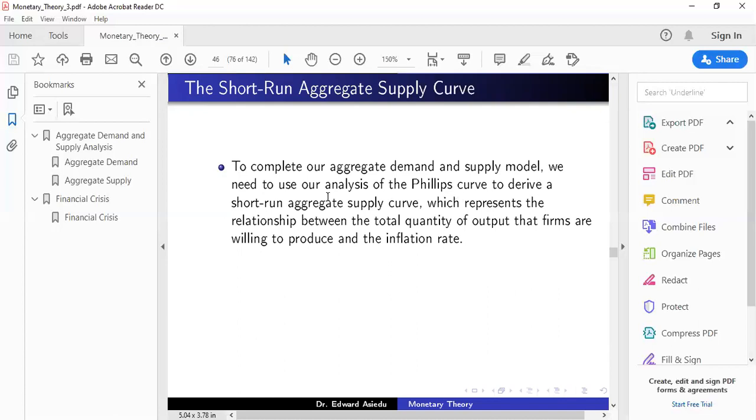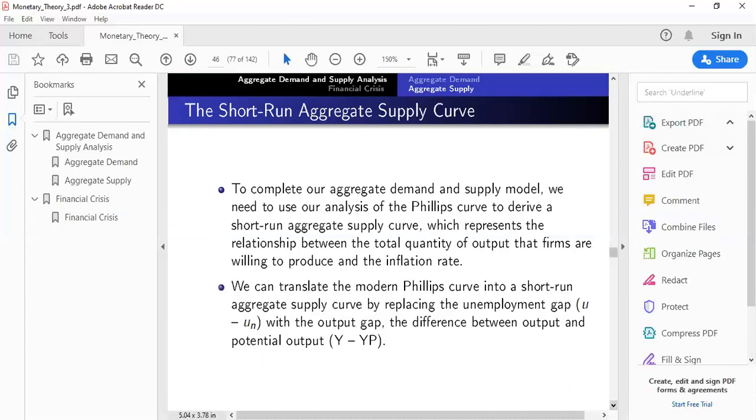So to complete our aggregate demand and supply model, we need to use our analysis of the Phillips curve to derive a short-run aggregate supply curve. What is the relationship between unemployment in the economy and the aggregate supply, the output in the economy? This represents the relationship between total output that firms are willing to produce and the inflation rates that exist in the economy.